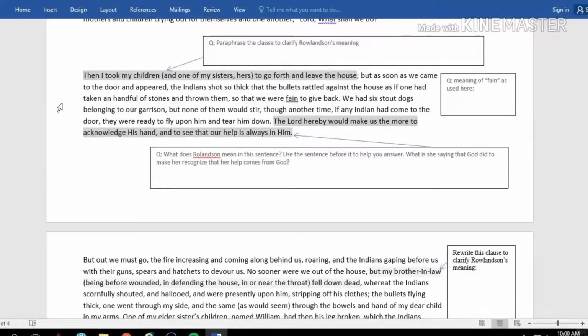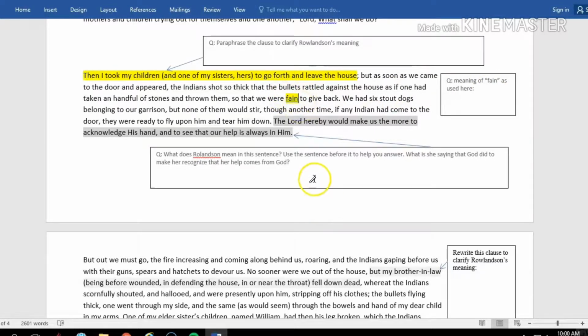We've got a lot going on in this paragraph. The first question says to paraphrase the clause to clarify Rowlandson's meaning. And this is the clause that is highlighted here. We'll highlight it in yellow for you. This is the clause that we are referring to. The second question is the meaning of feign as used here. Feign is right here in this sentence.